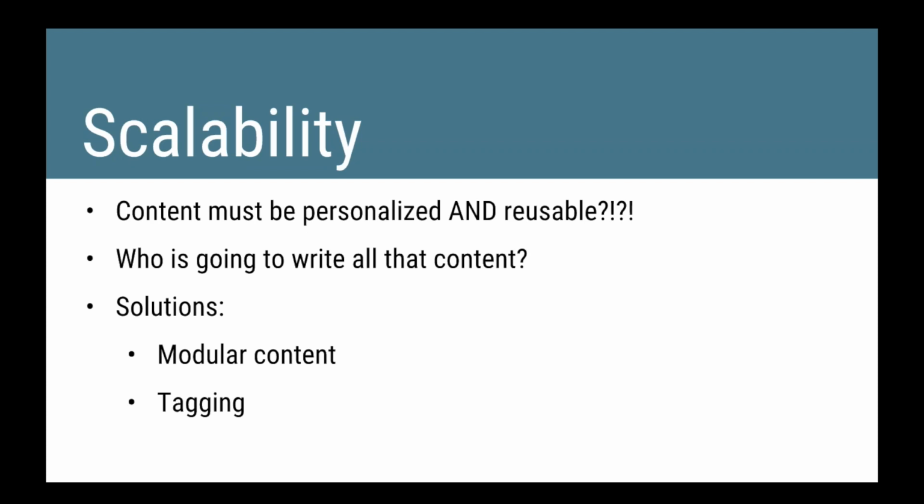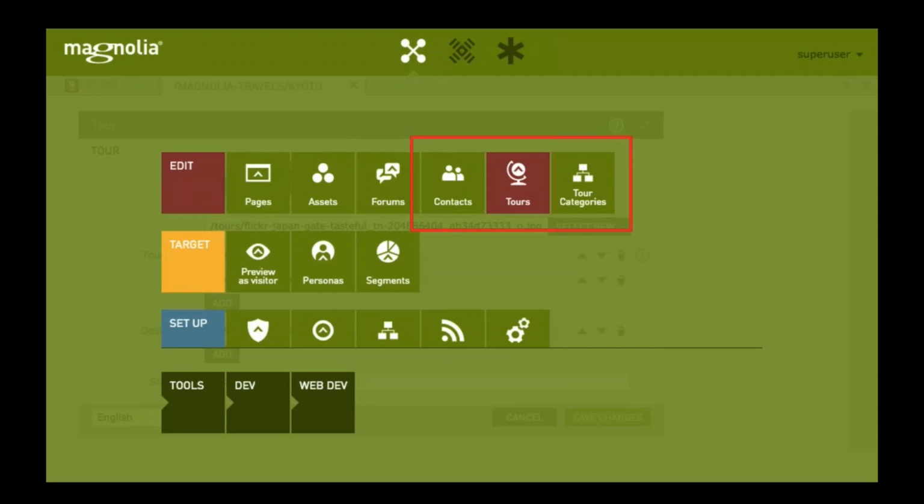One of those is trying to make your content modular, making smaller pieces of reusable content. And at this point, I want to show you, if you're not already familiar with the Magnolia apps idea, we have this content app framework where you can create small pools of reusable content. And the demo also has example of it as the tours.